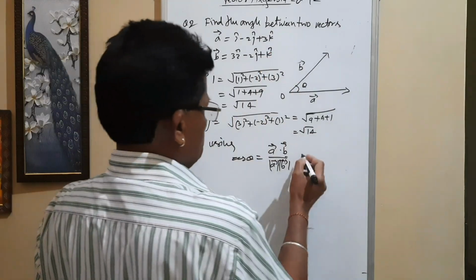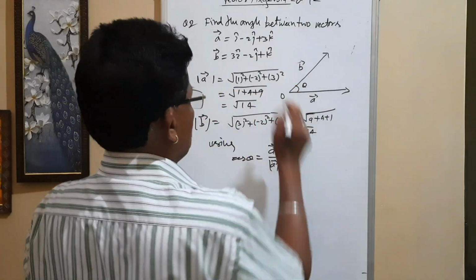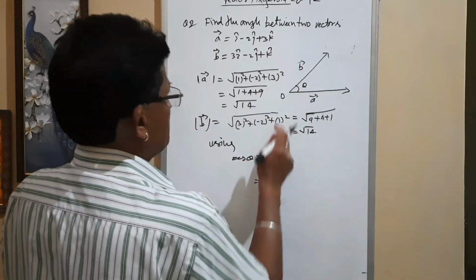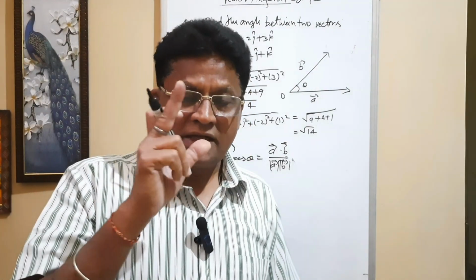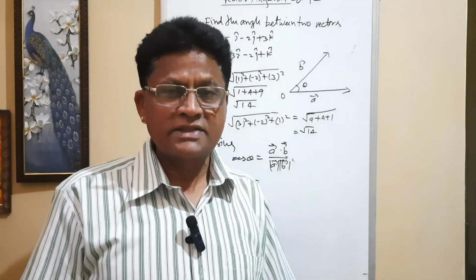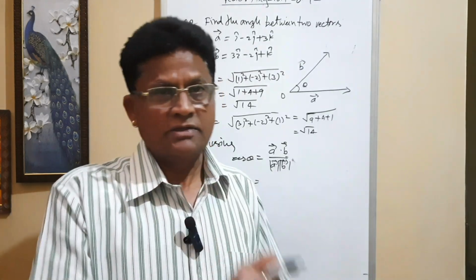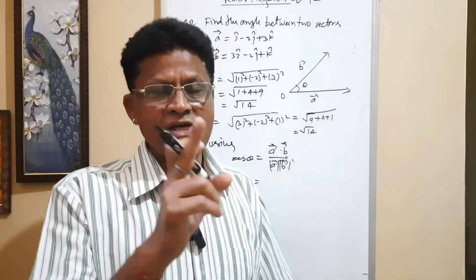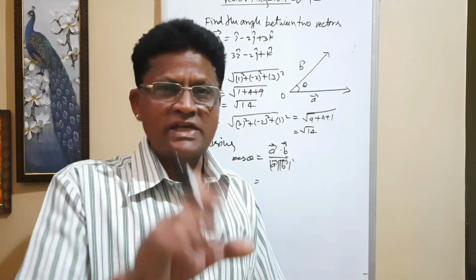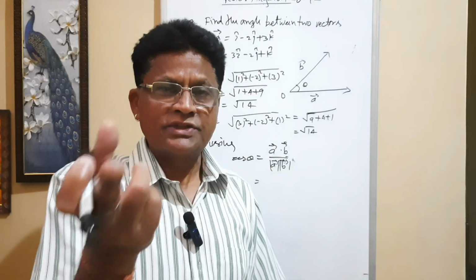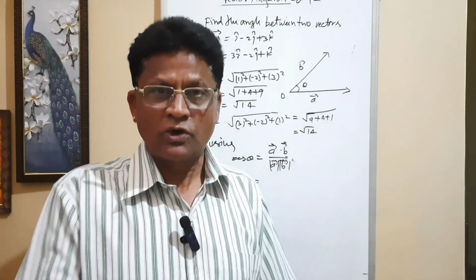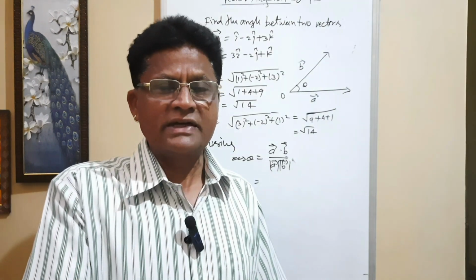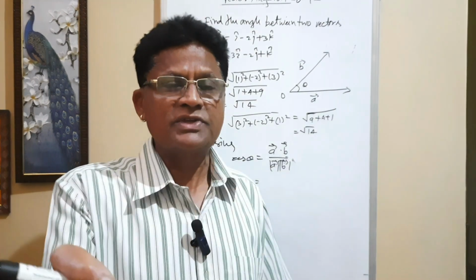I told you that you must find the dot product of these two vectors by multiplying the scalar components of corresponding terms: i with i, j with j, k with k. Because i dot j, j dot k, k dot i will be equal to 0, if the dot product of two unit vectors or two vectors is equal to 0.